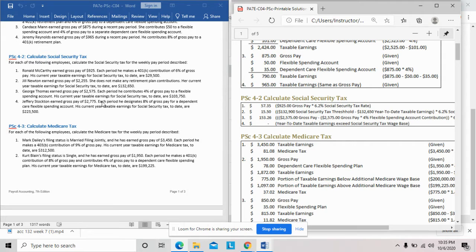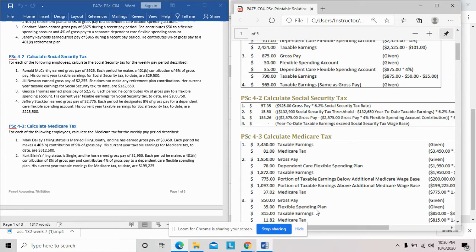In situation three, we have George Thomas, who earned a gross pay of 2575. Each period he contributes 4% of gross pay to the flexible spending account, and his current year taxable earnings for Social Security tax to date are 103,750.